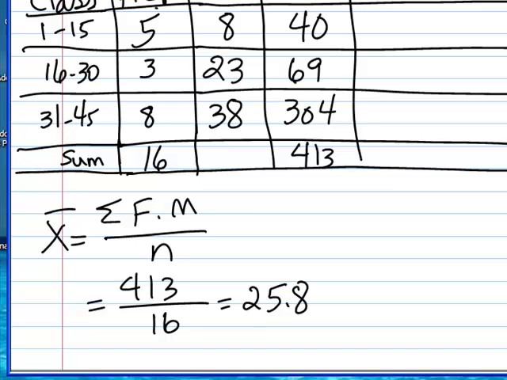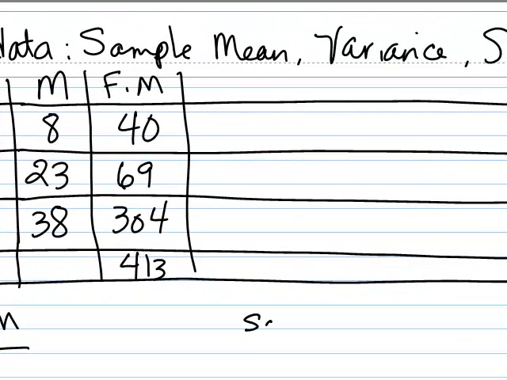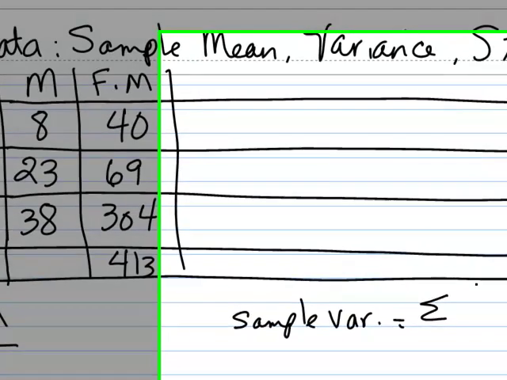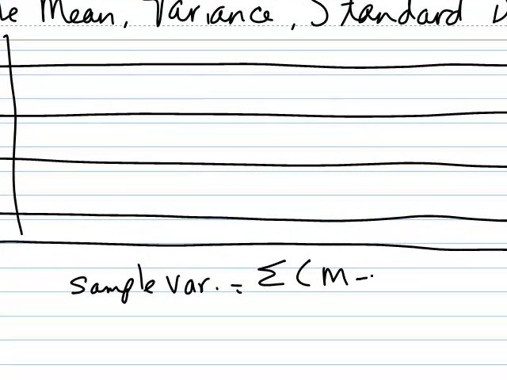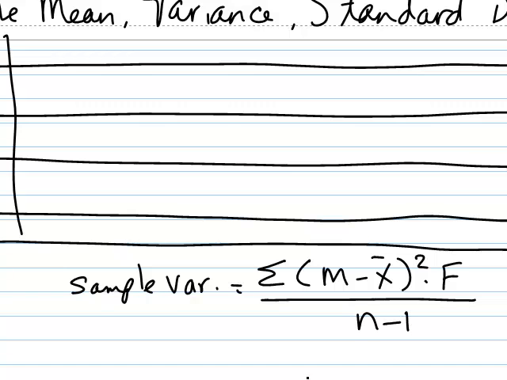To compute the sample variance, here's the formula from your book: summation of m minus x bar squared times the frequency, divided by n minus 1.